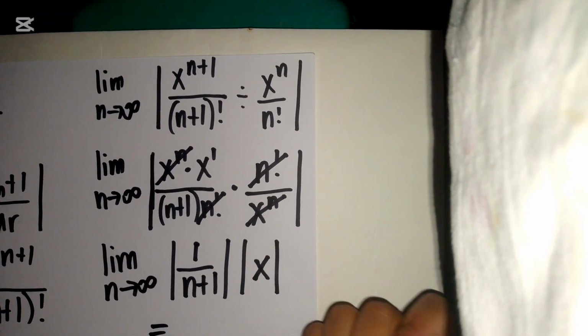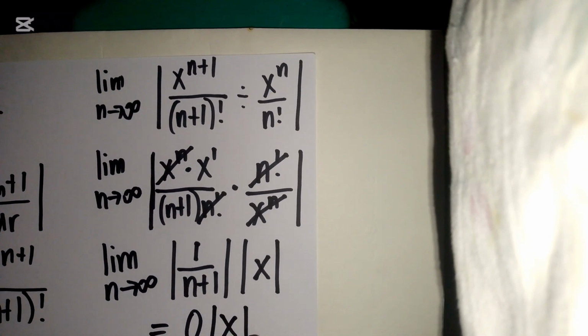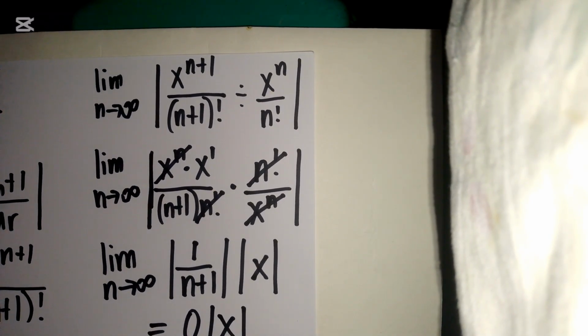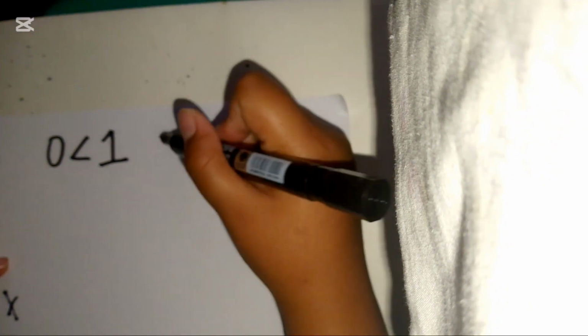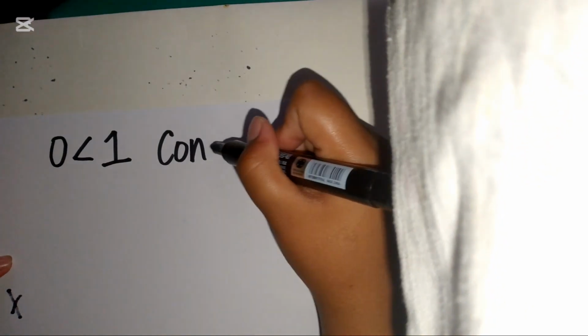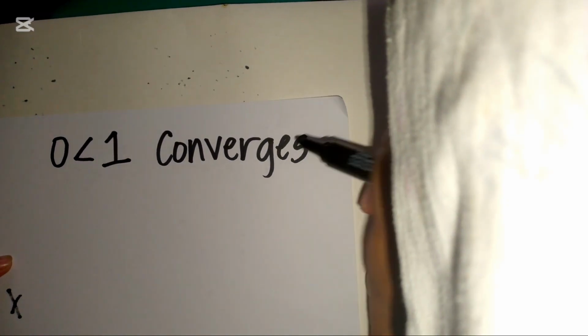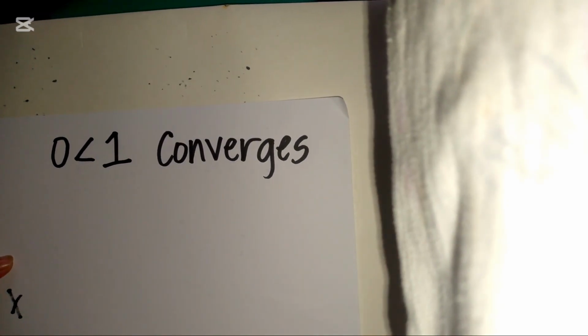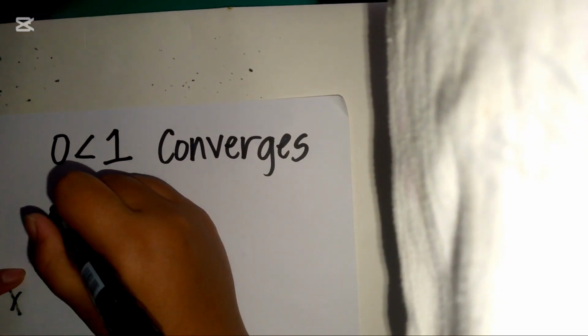Now we will substitute infinity for n, so it will become 0 times the value of x, which will be equal to 0. Since 0 is less than 1, the number 1 given converges.